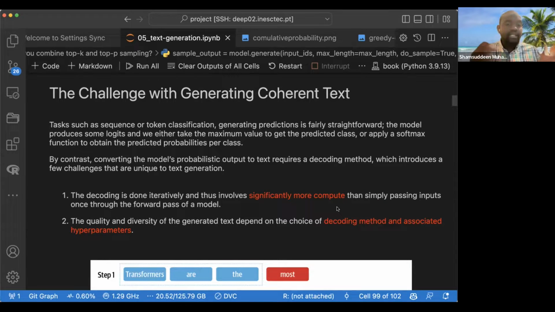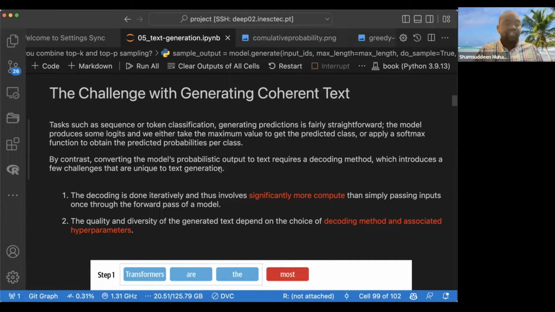But the problem with text generation is that when you have those probabilities, you need to convert them to text. So the book says converting the model's probabilistic output to text requires decoding. For text generation, when you predict the probability, you need to decode that probability to text. That is where the challenge for text generation comes in.